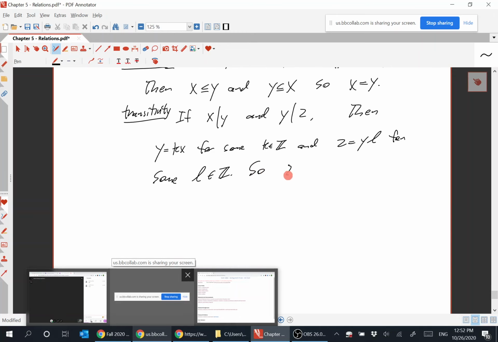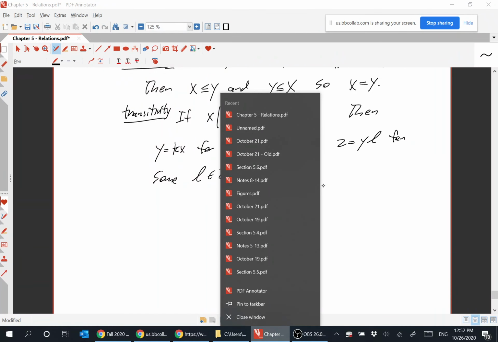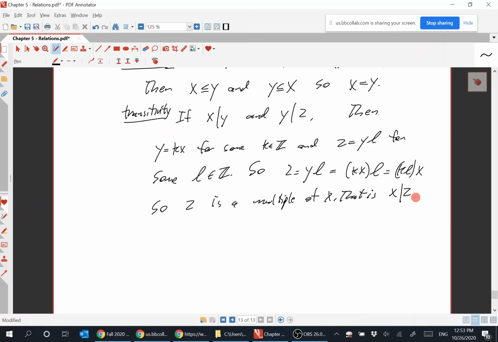So z is equal to yl, and then y is equal to kx, so that's equal to klx. So z is a multiple of x. That is, x divides z as required.